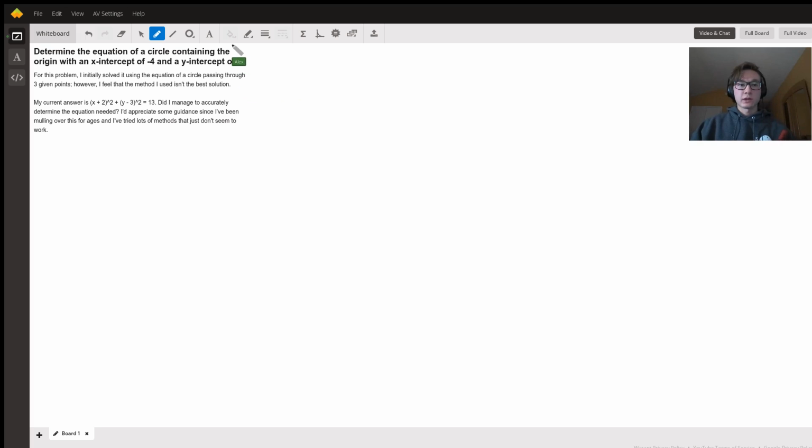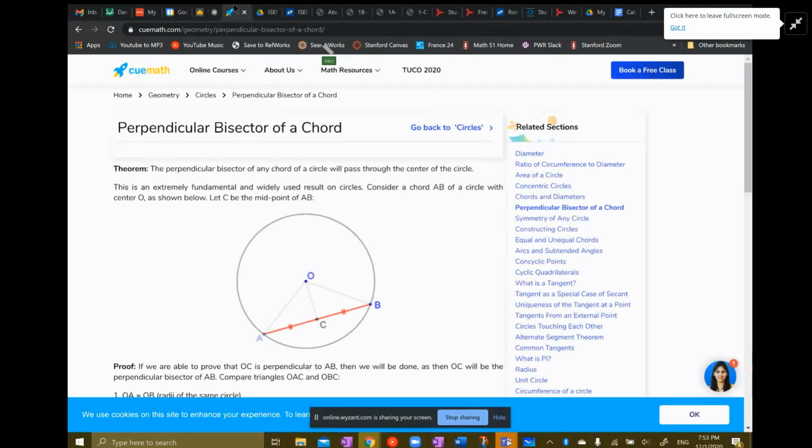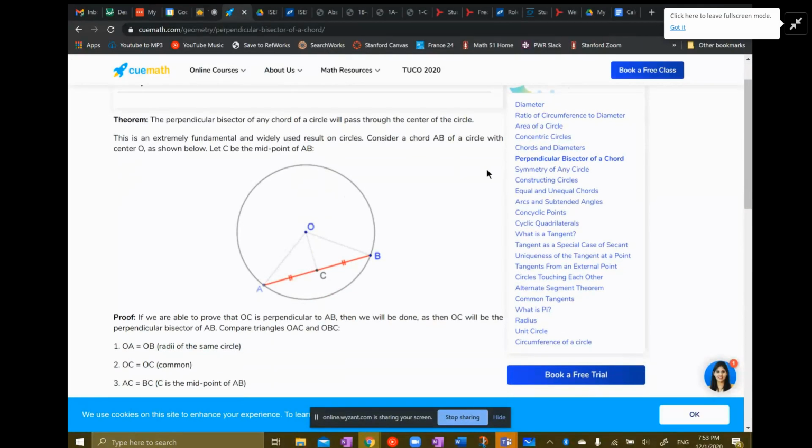there's a theorem in geometry called the perpendicular bisector of a chord. I will share my screen because it's a lot of words, but it's easier if there's a picture. So basically what it says is that if you have any 2 points on the edge of a circle, and we know that all three of those points that we're given are on the edge of the circle, if you draw a chord between the two, and then you draw the perpendicular bisector, it is always going to go through the center.